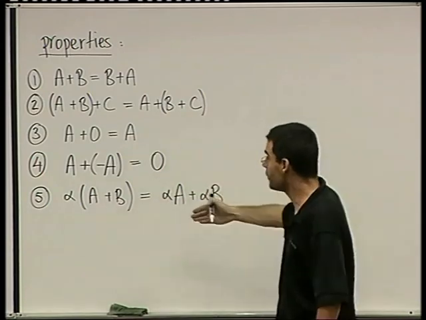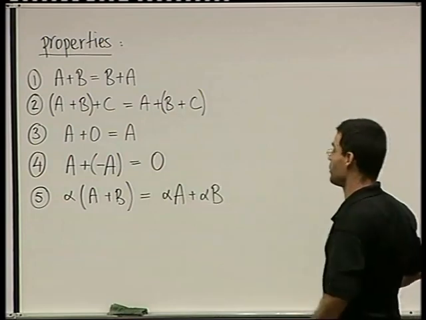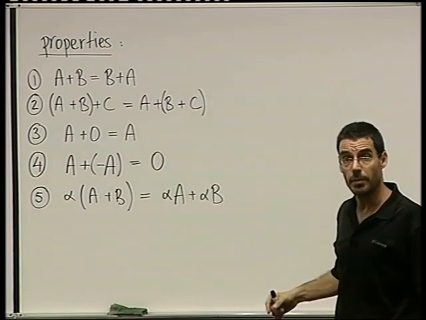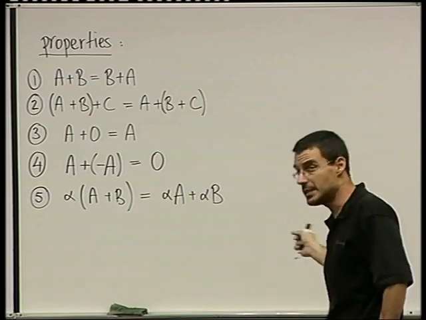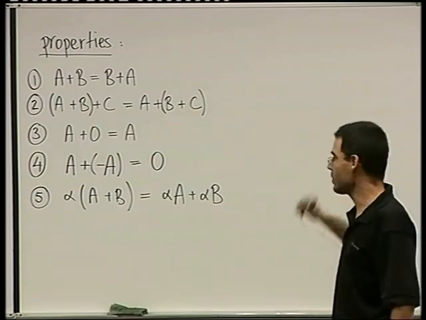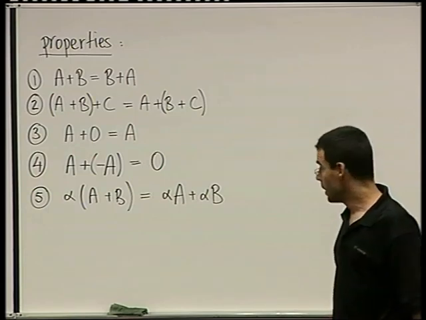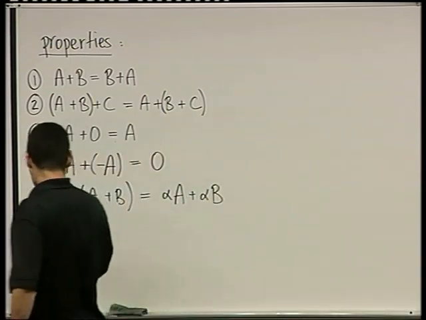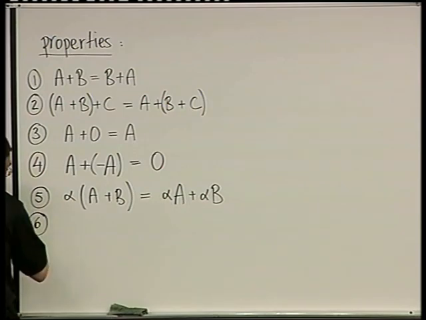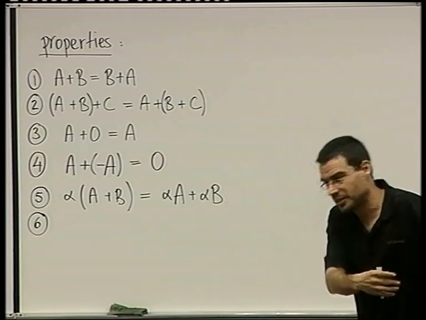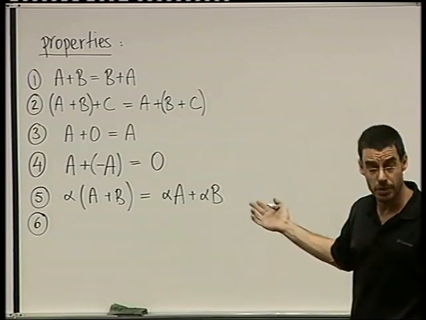So just looking at this, if this were the first thing you'd see, you wouldn't know that we're even talking about anything other than numbers. But we're talking about matrices and these new operations, and everything requires verification and proof. I'm emphasizing this because not everything you know for numbers extends automatically to new things.